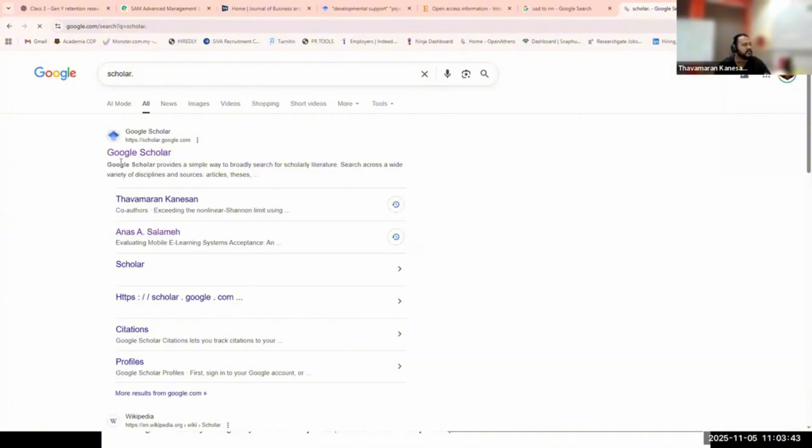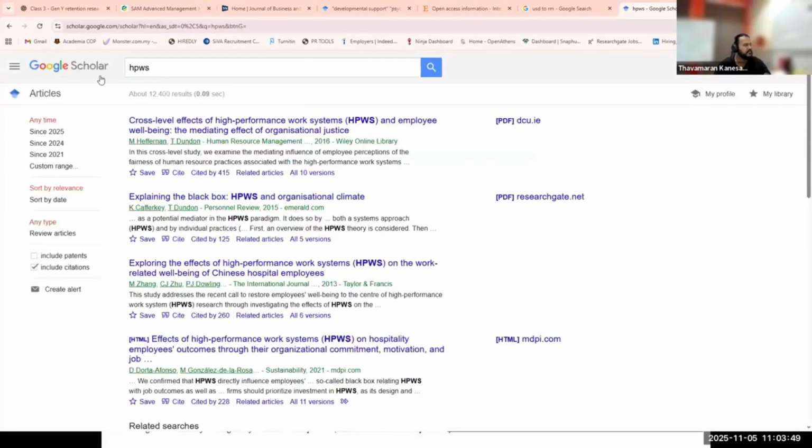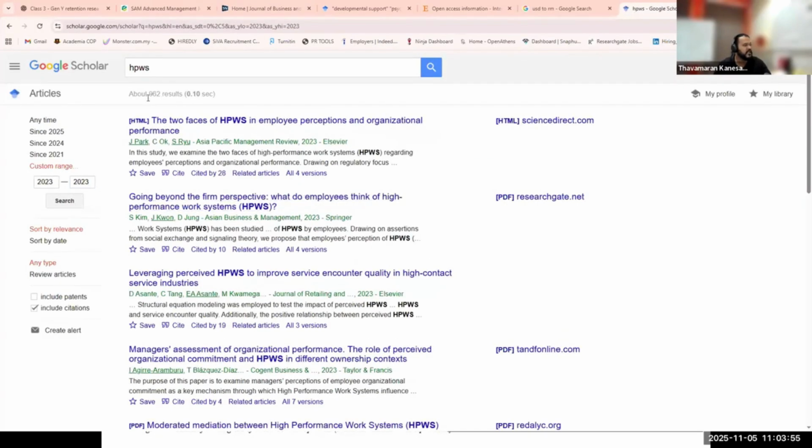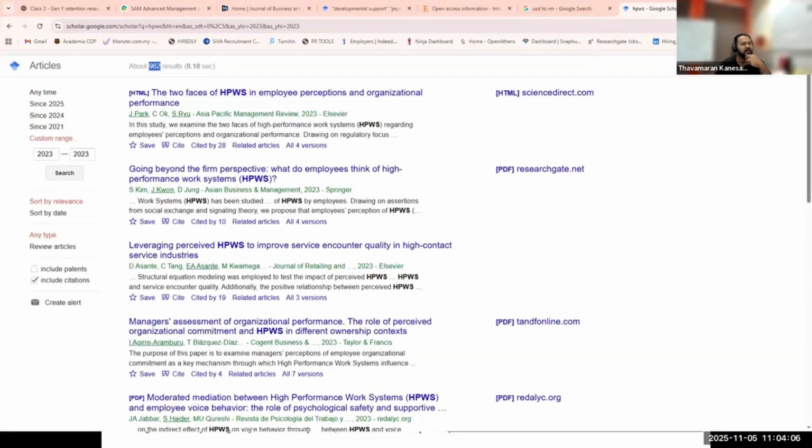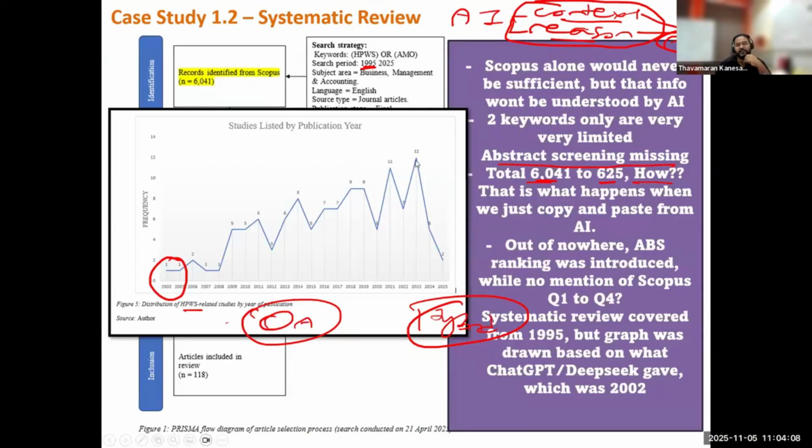Google Scholar, HPWS, custom range 2023 to 2023, search: 962 results. If you look at the relevancy to this topic, there will be a lot of it. But total 962, and how many are written here? 12 only. Why? Because most of the papers are sitting here.